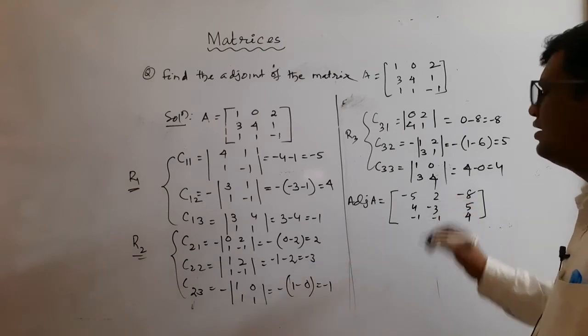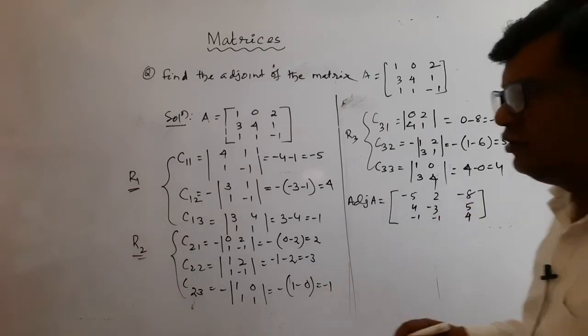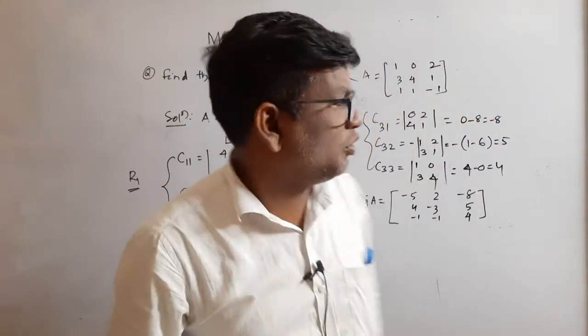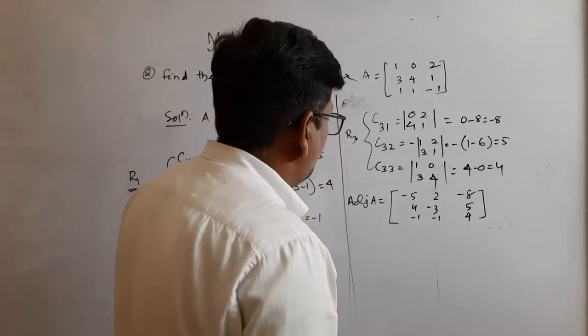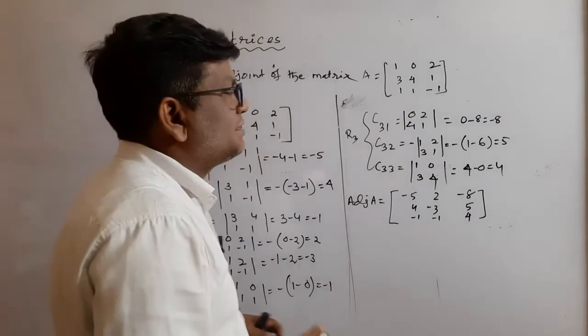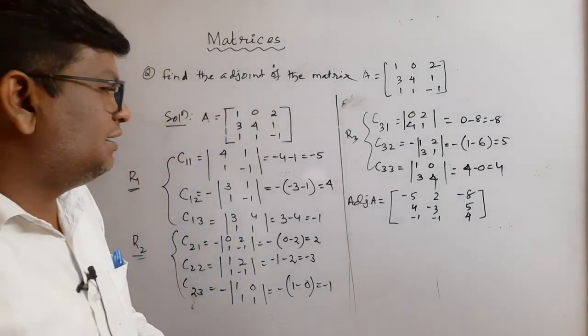This is adjoint A. If you want, you may write the cofactors, then make their transpose, but here I directly wrote it.